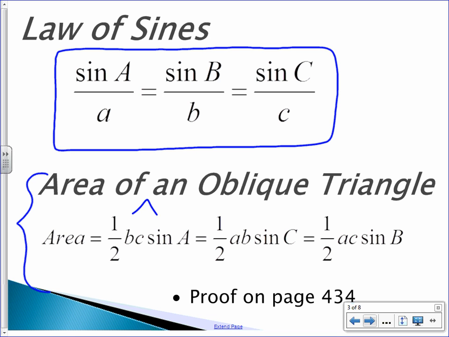So if we know side B and side C and angle A, then we can find the area of the triangle using this formula. You can write all of them down, or you can write one of them down. It does not matter.